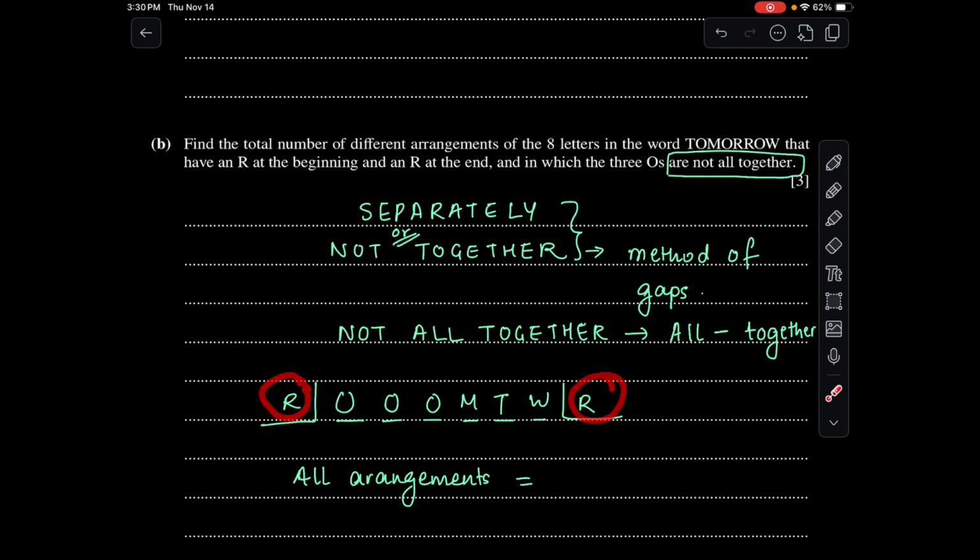These are fixed, so ignore them. So you just need to arrange 6 things. So 6 factorial, out of which the O's are repeating, so divide by 3 factorial.